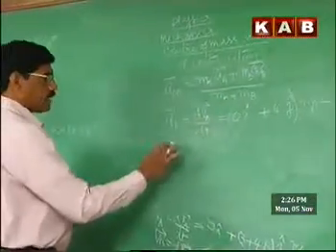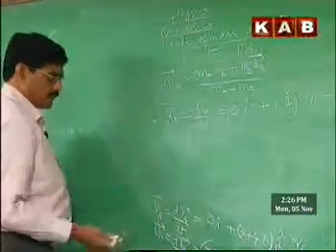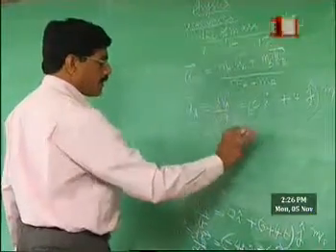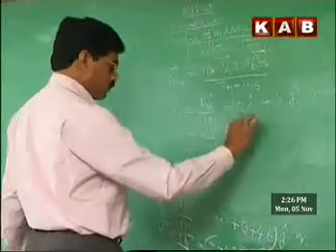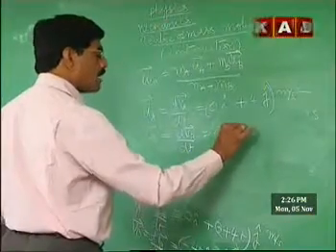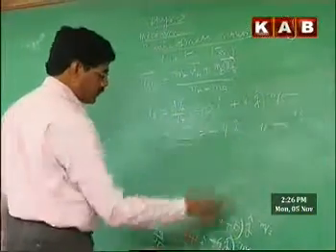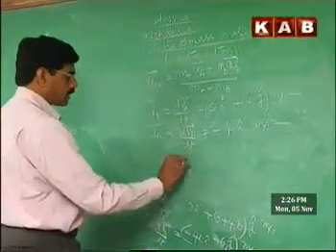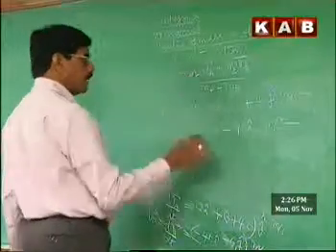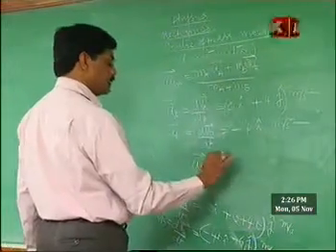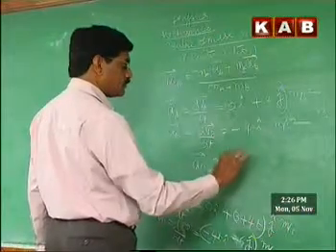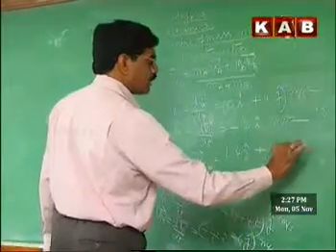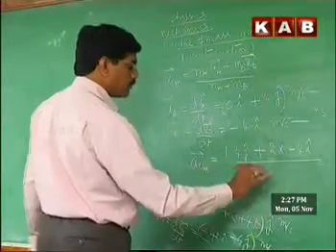And the acceleration of B is dvB by dt, which is equal to minus 4i meters per second square. The other term is going to be zero on differentiation. So the acceleration of center of mass comes out to be mA, which is 1 kg, times aA, which is 4j, plus mB, which is 2, times minus 4i, divided by 3.